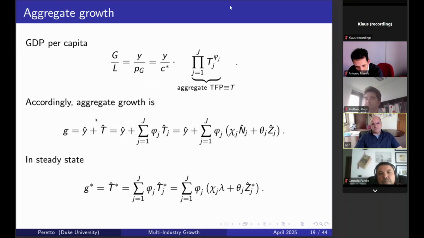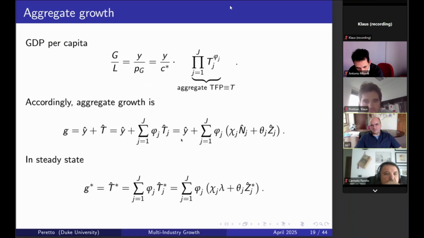Then I can define aggregate growth. And so you take logs and time derivatives. So aggregate growth is, at any point in time, the growth rate of expenditure per capita plus the weighted sum across industries of TFP growth, okay?